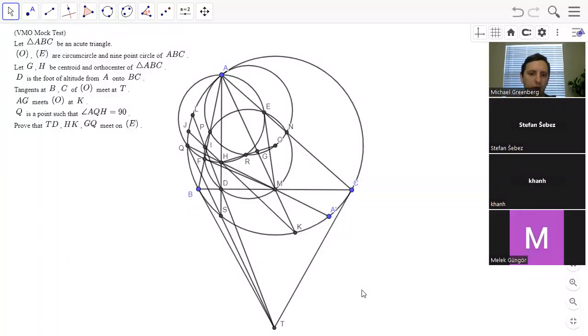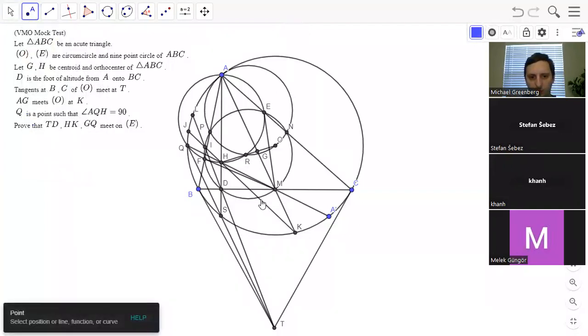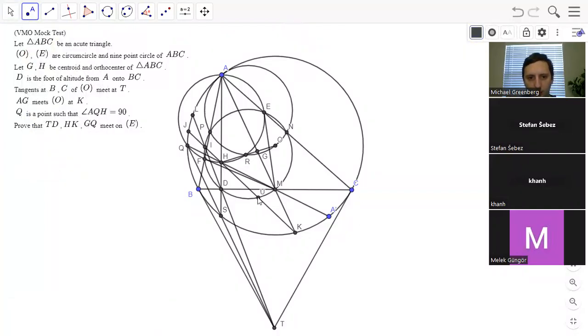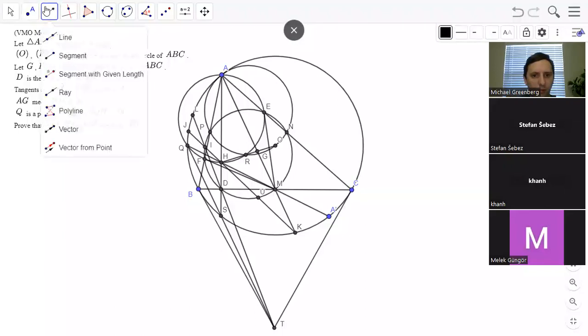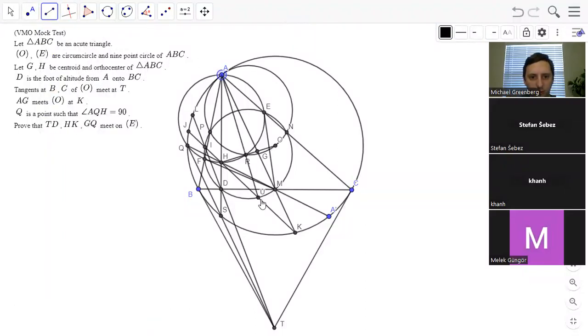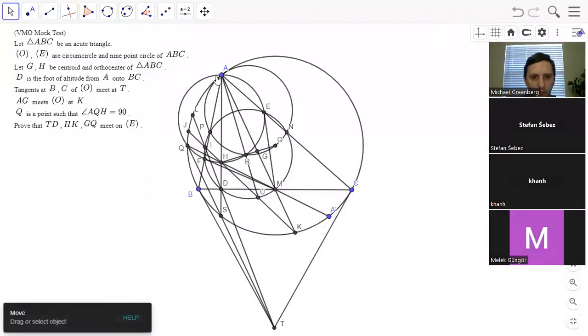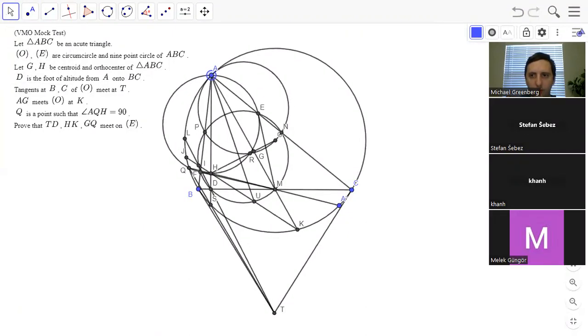What do I want to show that's equal to? I don't know if this point's going to help. Maybe AR is collinear with U. I'm not sure if that's true. It might be. No, it's not true.